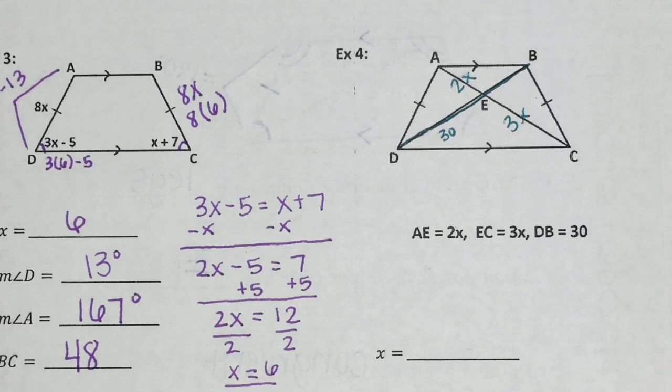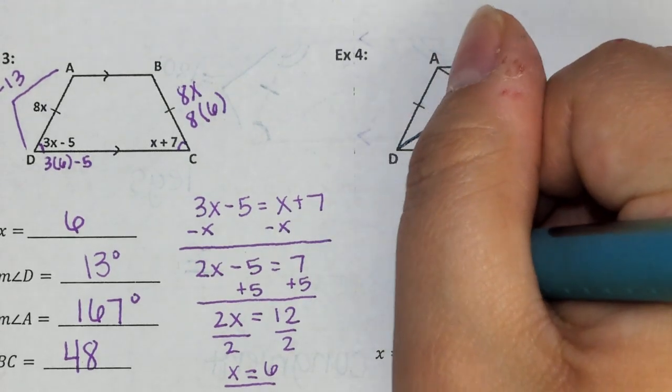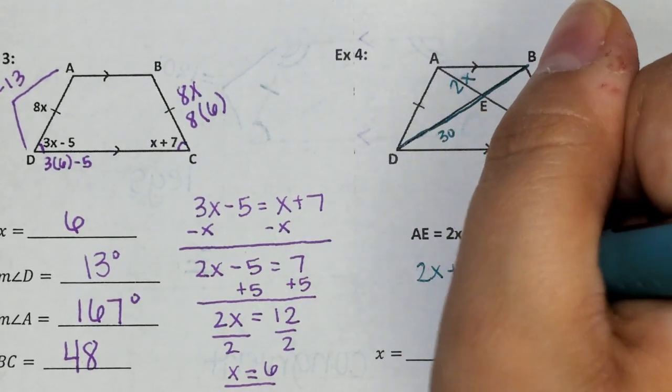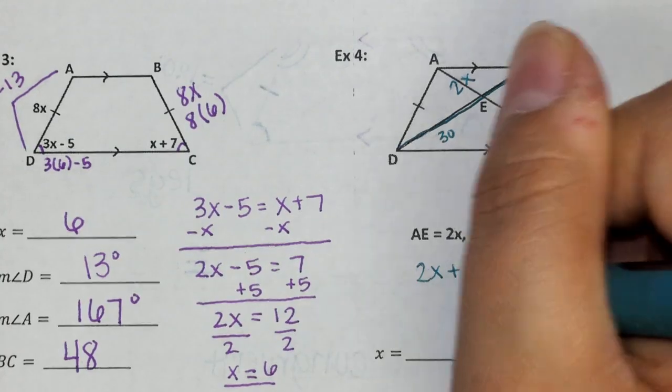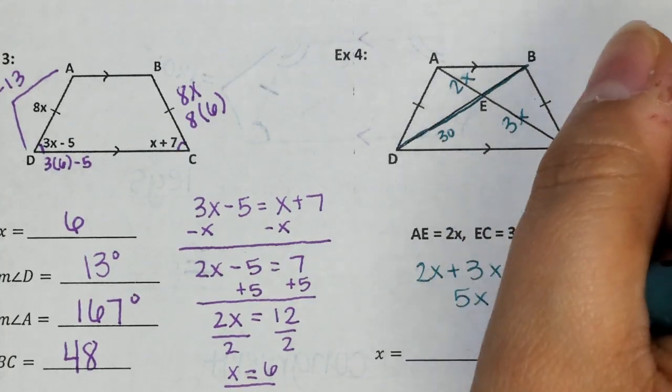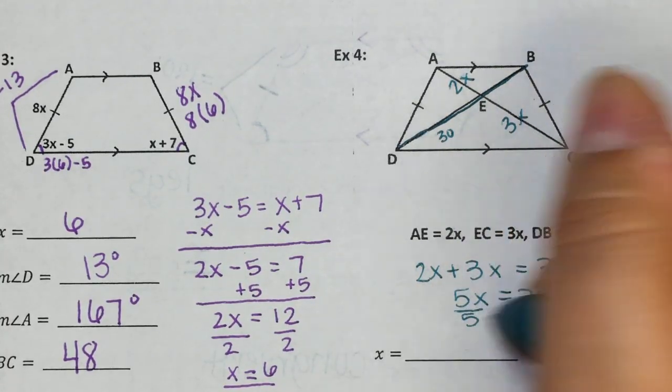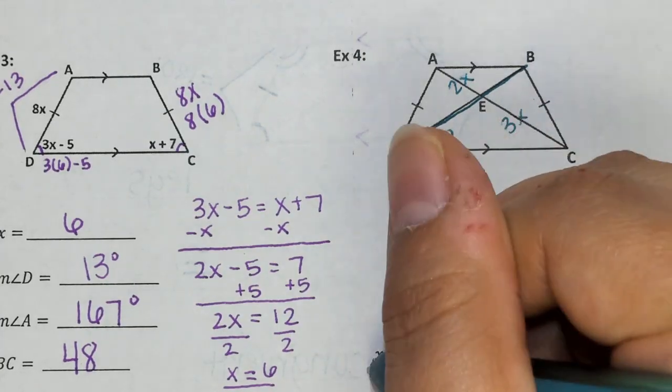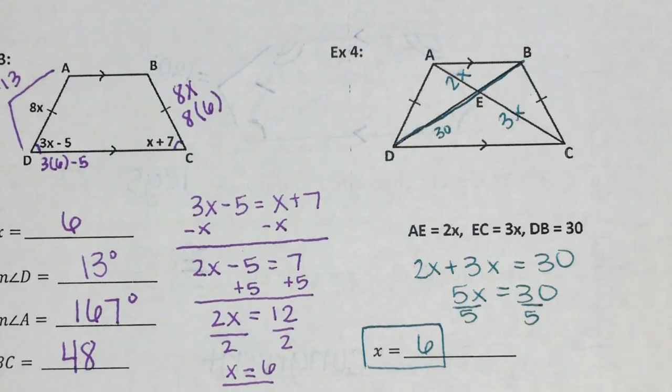If I know DB is 30, what do I know? 2x plus 3x equals 30. So 5x equals 30. So what does x equal? We good? Okay. Light work?